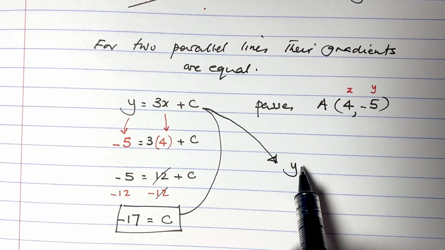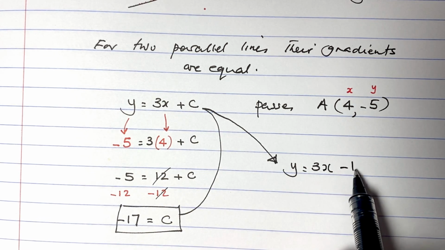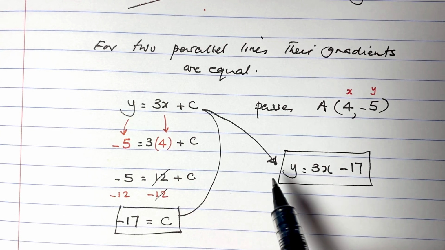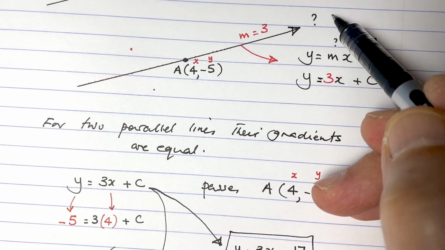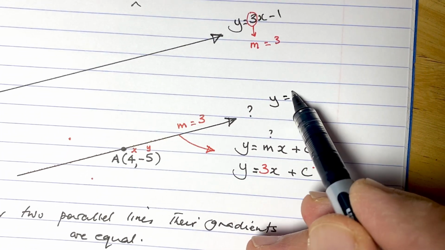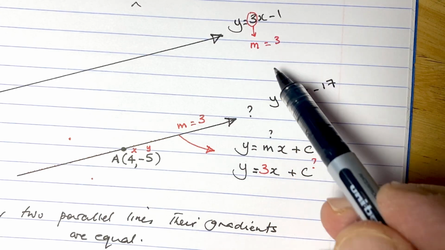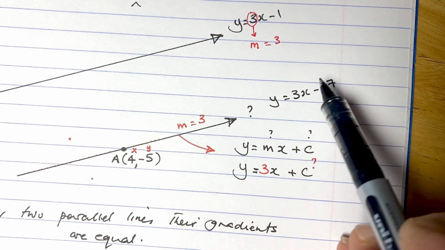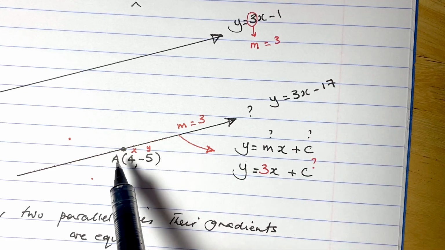So y equals 3x plus c, where c is minus 17. Let me write the equation here now: y equals 3x minus 17. You can see they have the same m, but they have a different intercept on the y-axis. And this line has gone through this point.